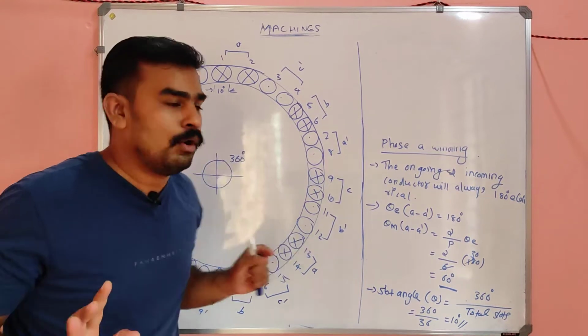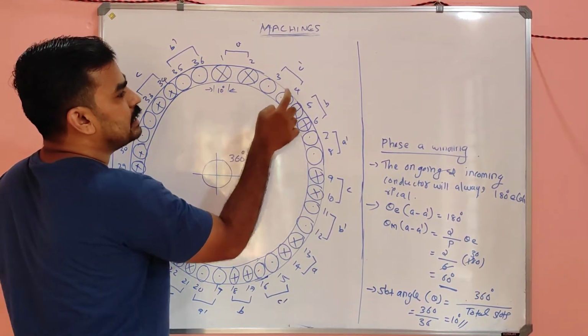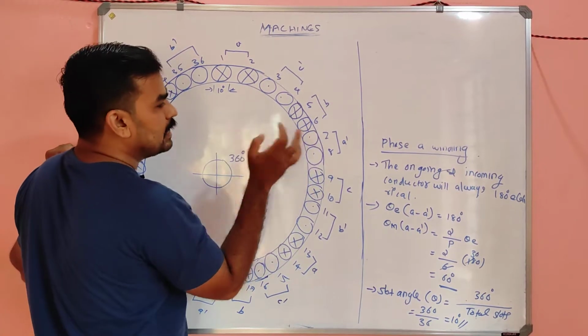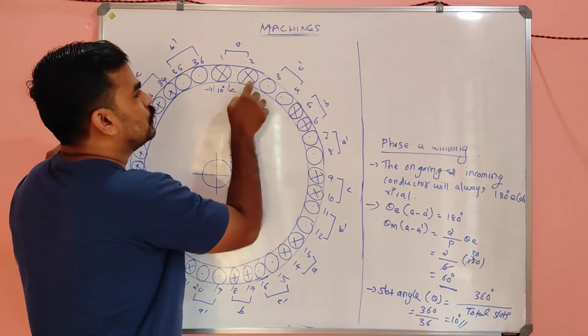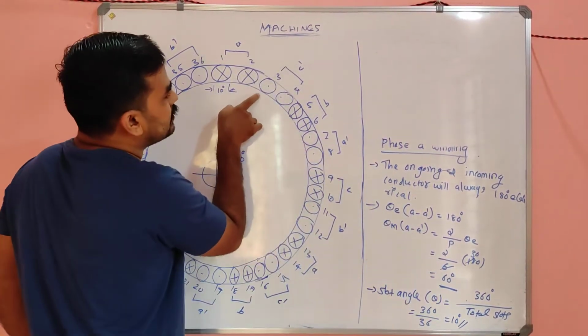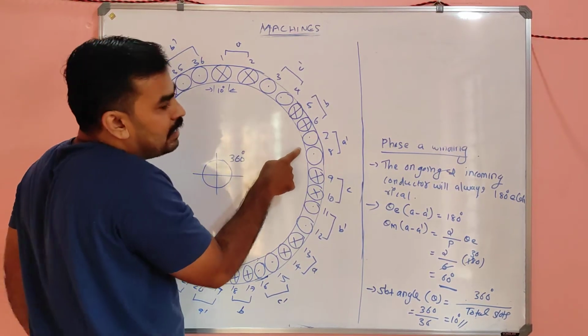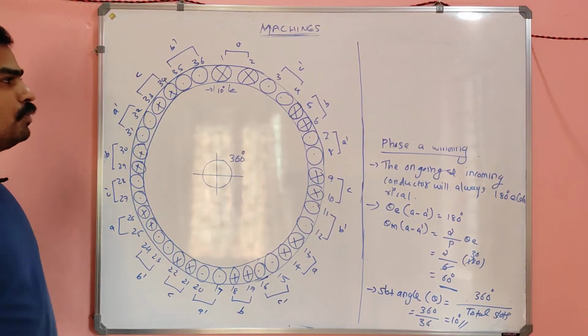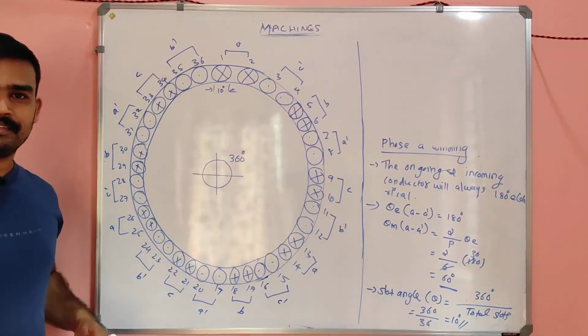So you count 10, 20, 30, 40, 50, 60, and the next one is actually the outgoing. This much angle you covered for getting the return path of the winding A.